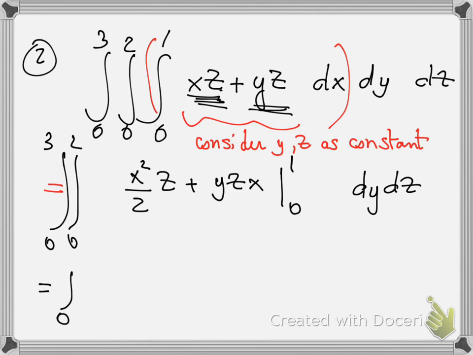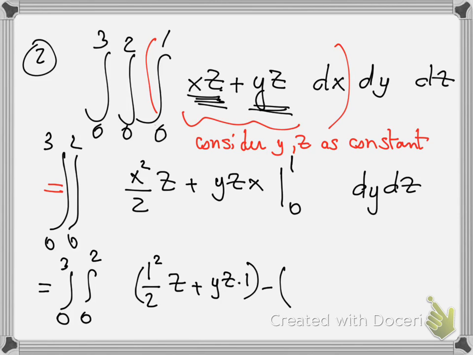So that will be, again, integrals from 0 to 3, 0 to 2, x by 1, so 1 squared over 2 times z plus yz times 1, minus, now replace x by 0, so 0 squared over 2 times z plus yz times 0, dy, dz.